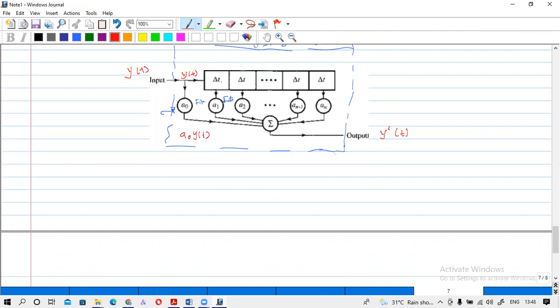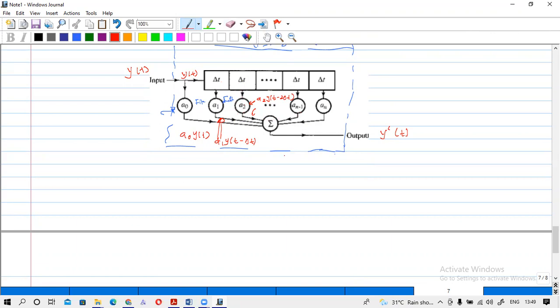Now here one delay is there. The y(t) has one delay, delta t, and it is multiplied by a1. When it comes to this filter, it is delayed by 2 delta t, so here it is multiplied by a2 y(t minus 2 delta t).